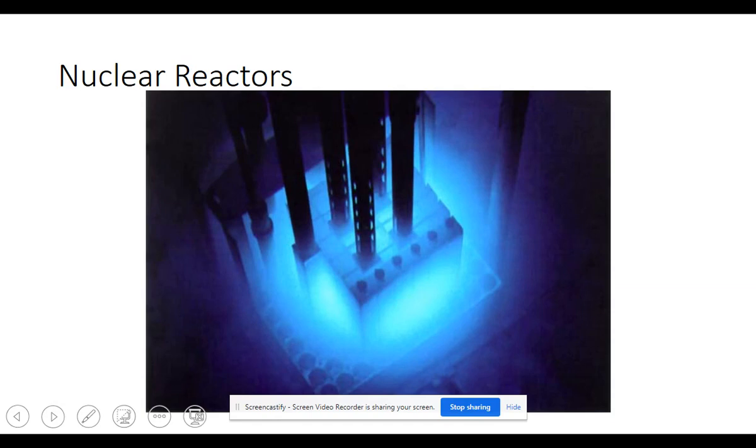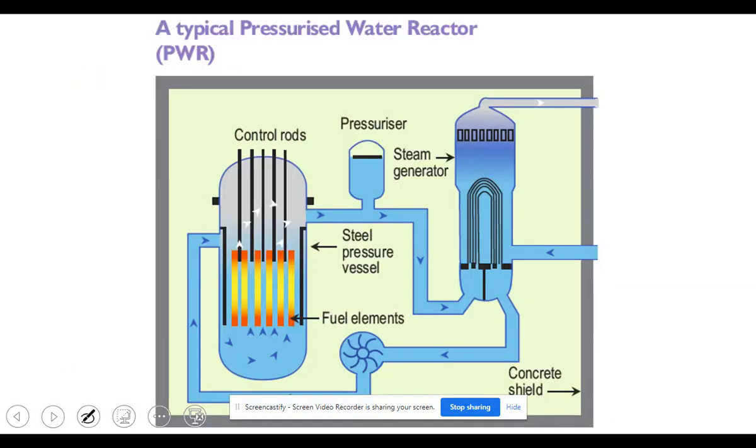So just a brief introduction to how a nuclear reactor works. You have the fuel elements here in your kind of boiler area. It's all encased in water, and it's usually uranium 235. These are reacting, so they're undergoing nuclear reactions and releasing energy that the water is absorbing.